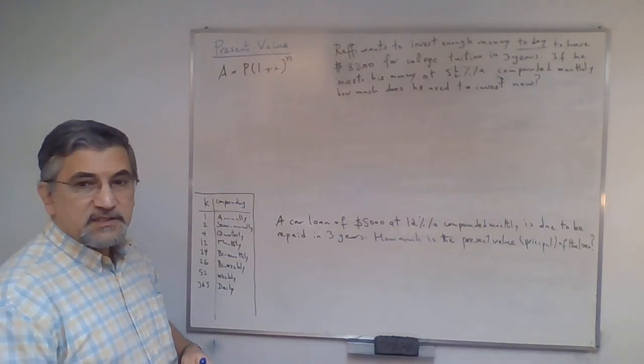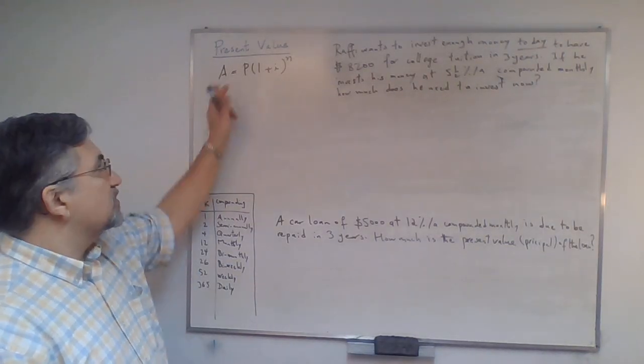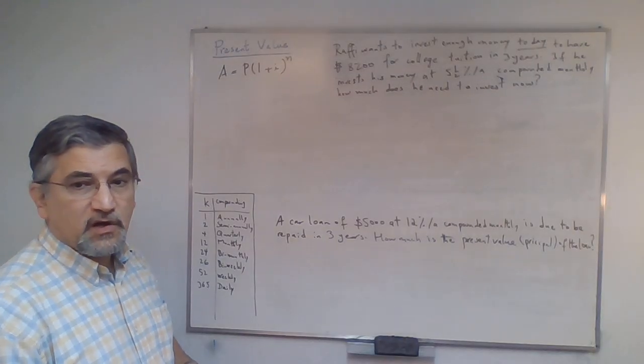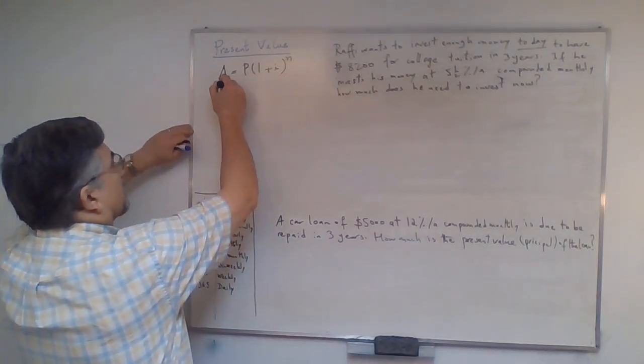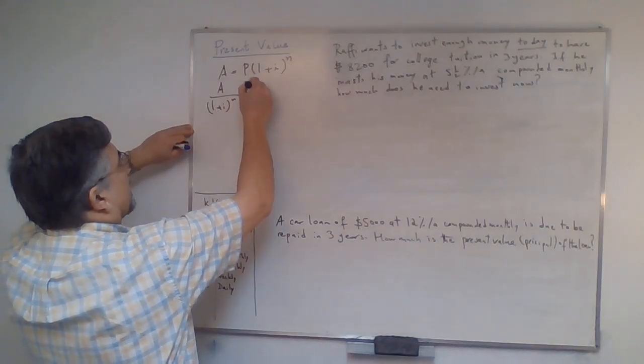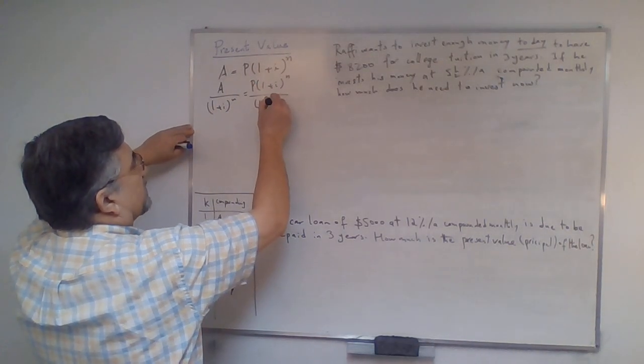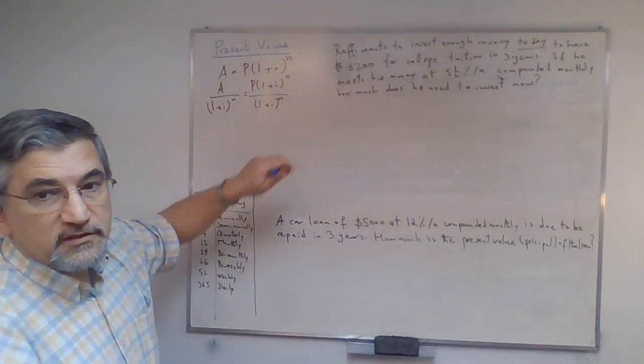If that is the case, then we have to do some rearrangement. I'm going to divide both sides by 1 plus i to the exponent of n. So A divided by 1 plus i to the exponent of n, and the right side also we divide by 1 plus i to the exponent of n.